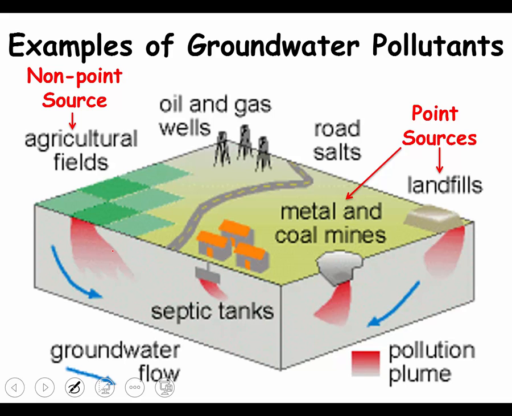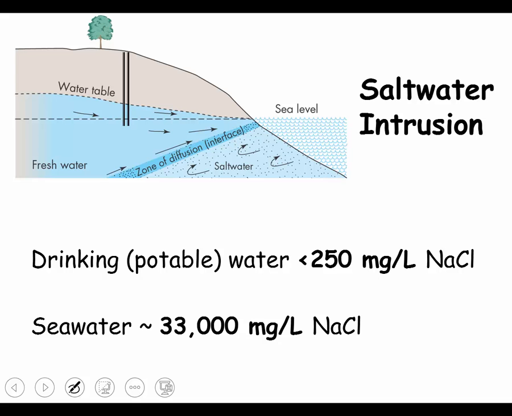A non-point source would be agricultural areas here. Okay. Oil and gas wells would be a point source. Road salt would be a linear non-point source. Again, septic tanks could be considered either, depending on how you address the problem.